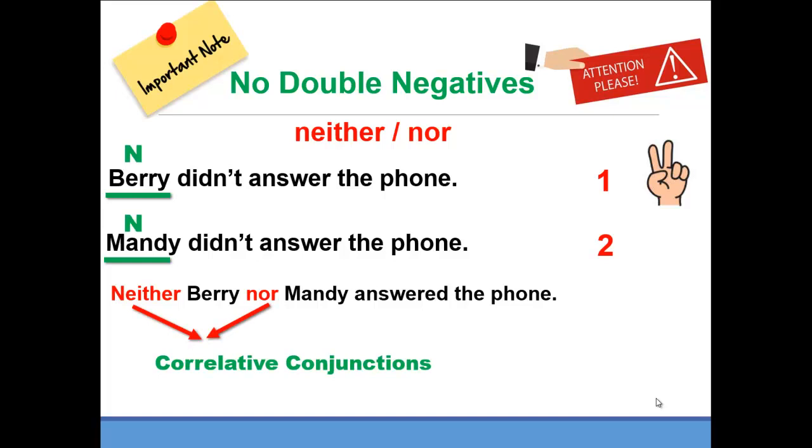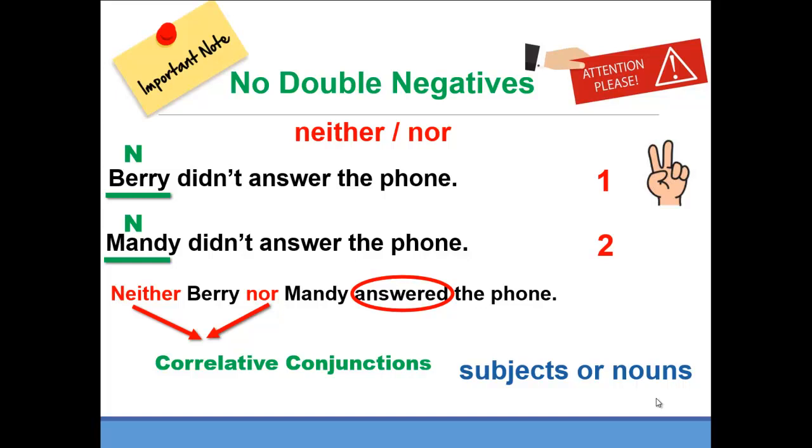The two nouns Barry and Mandy are joined together, or the two subjects are joined together. What about the verb? It's going to be answered. Why? Because the conjunctions neither nor mean not, so you will have to turn the negative verb into a positive one because no double negatives shall be used.